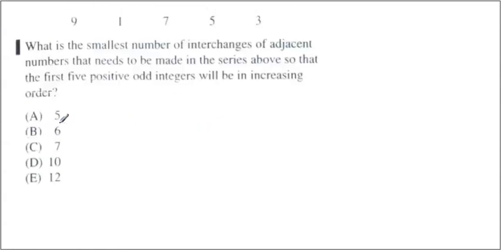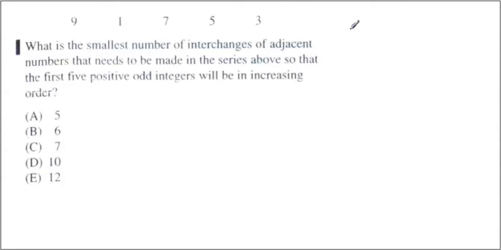Alright, let's look at the third question. What is the smallest number of interchanges of adjacent numbers so that the first 5 odd integers will be in increasing order? So first we realize that 9 has to go all the way over here and 1 has to come to the front.